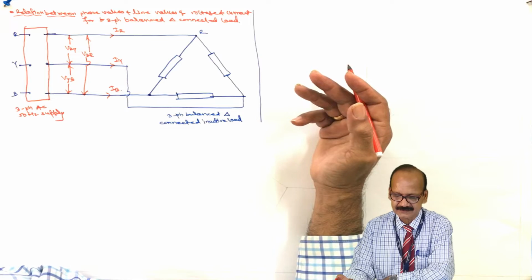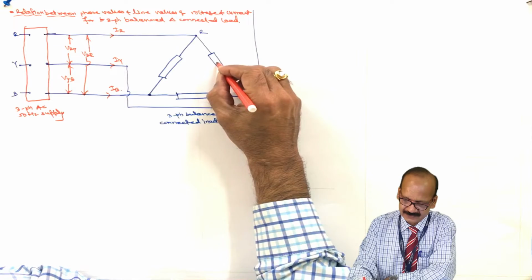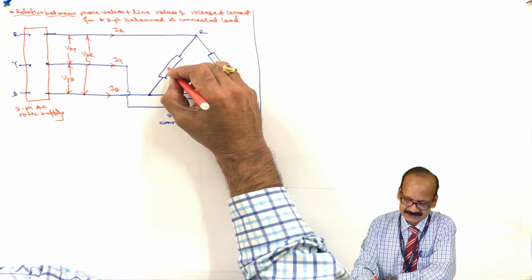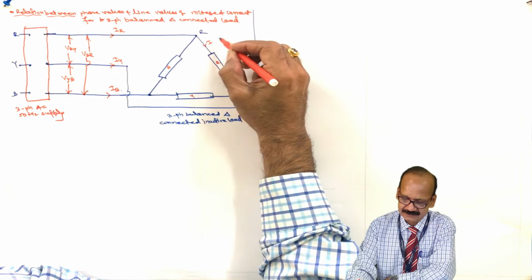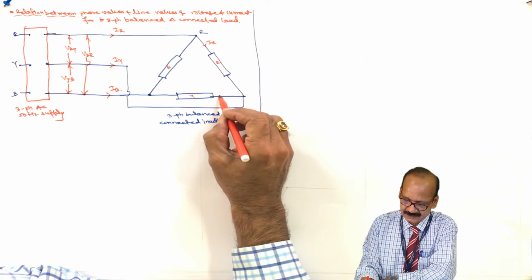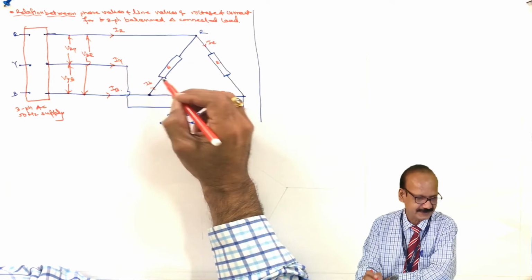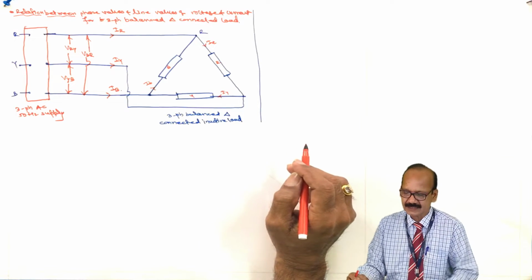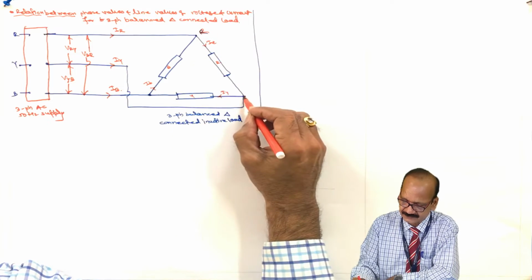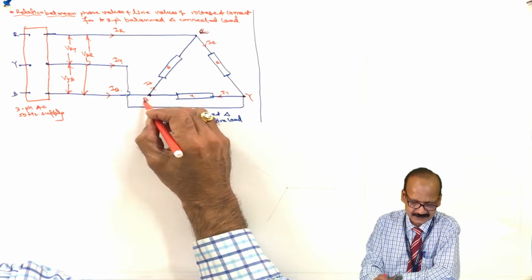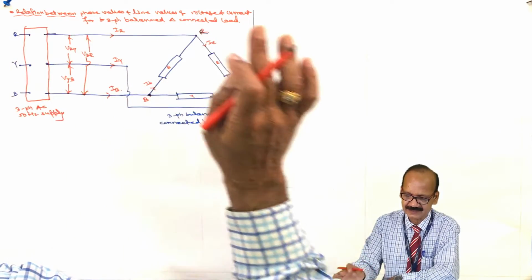Similarly, we have to show the phase currents, the current flowing through the respective phase of the load. This is the R phase of the load, this is the Y phase, and this is the B phase of the load. So the currents flowing are I small r, I small y, and I small b. The lines B, Y and R are connected together.